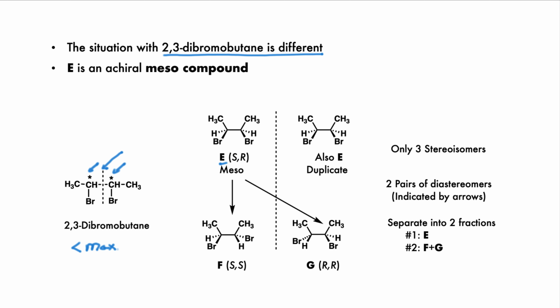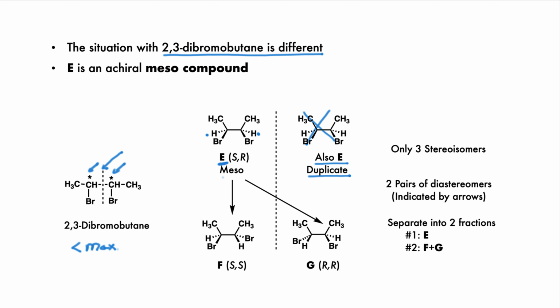Let's start again by drawing E, which has all the atoms lined up and the hydrogens back. Then let's draw its mirror image. What you should notice is that the mirror image is identical, and so it's also E. This is a duplicate, and we should cross it out.